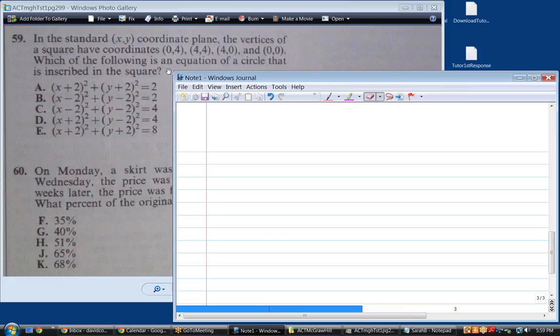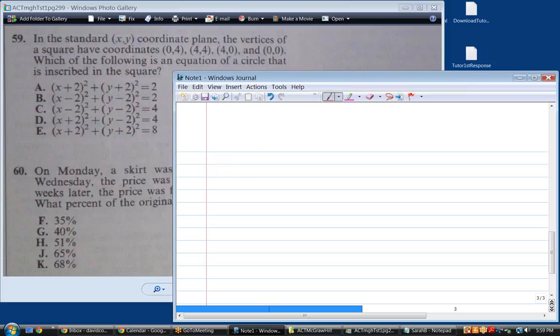Okay, here is one of the conic questions about a circle. Give me the general formula for the equation of a circle. I don't know that one. Well, you need to know two of them. You need to know the general formula for the equation of a circle, and the general formula for the equation of an ellipse.